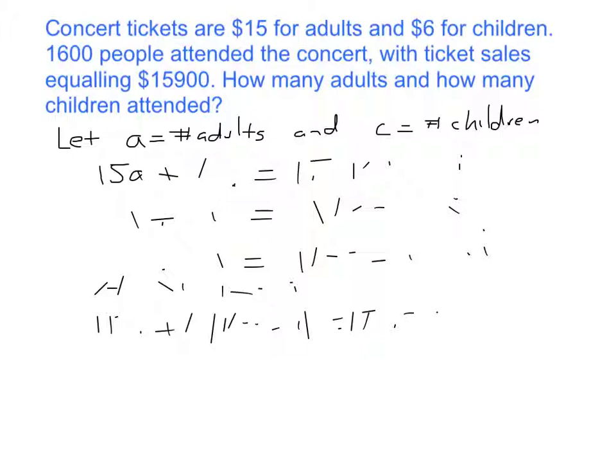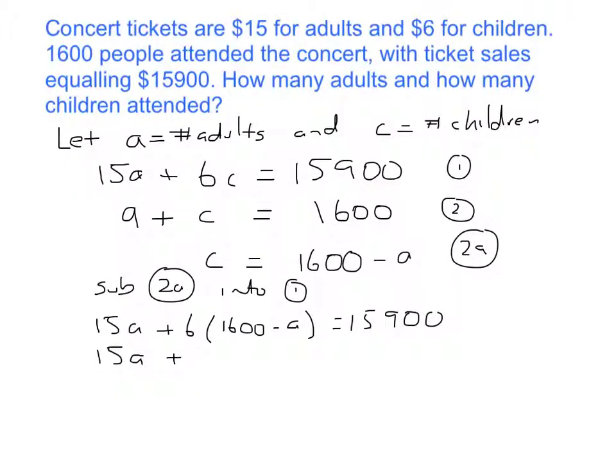Now I need to expand that bracket out, so we have 15A plus 6 times 1,600. I might need a calculator for that. I only need the calculator because it's the end of the day and I can't be bothered thinking. 9,600 take away 6A equals 15,900.